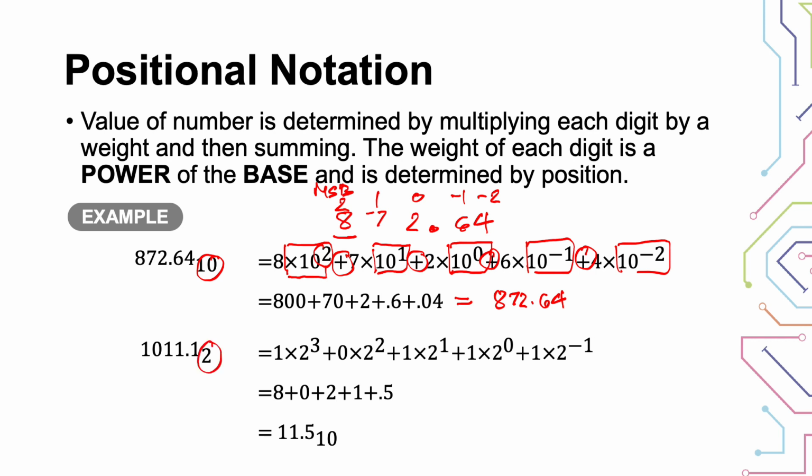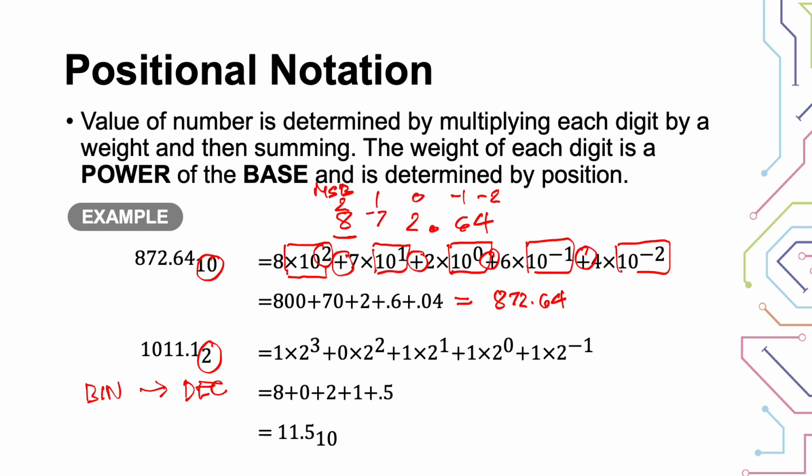But later on, if our base changes, for example, we want to convert this binary number system to decimal. In that case, we identify the exponent based on the weight. You always need to take note that the most significant bit has the highest exponent.